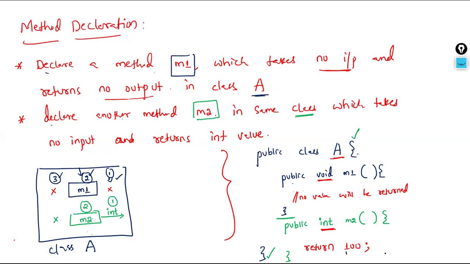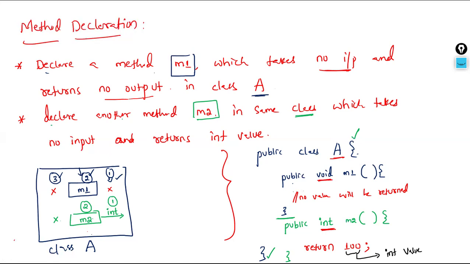So this 100 is a value. What else can we return? We can return a variable also, which I'll discuss. This is an int value. So while using the return statement, we can use the value approach, and with the next example, I'll try to cover the variable approach also. Both are possible. In this example, not too many things at the same time, so I'm covering one example where we return a value.